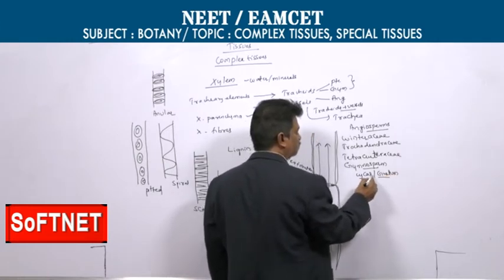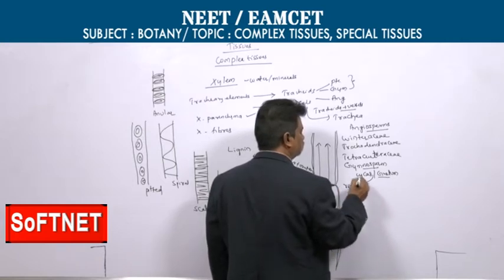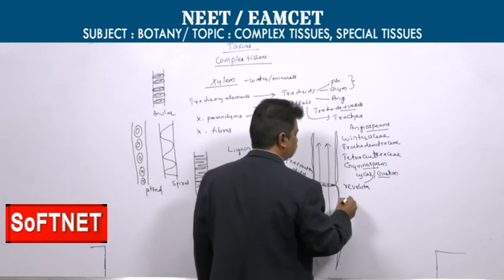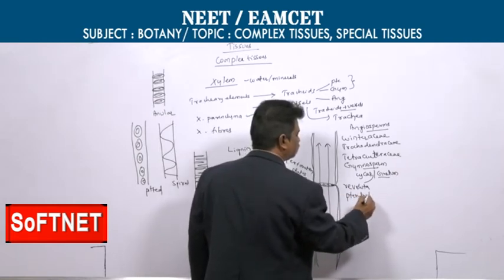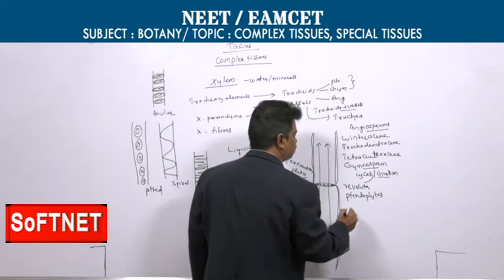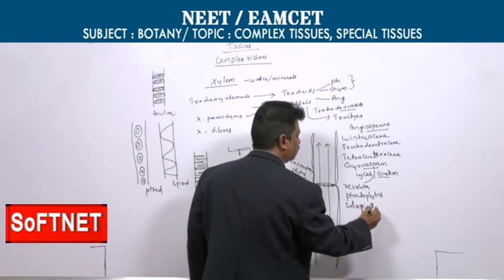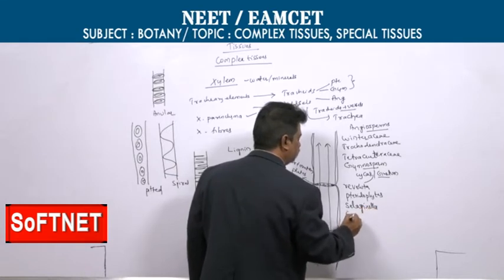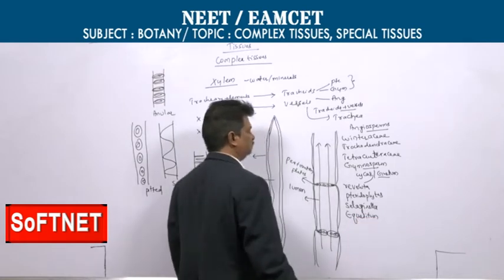Not in all Cycas species; there is one species, Cycas revoluta, in which vessels are present. Generally, vessels are absent in pteridophytes, but some pteridophytes like Selaginella and Equisetum contain vessels.